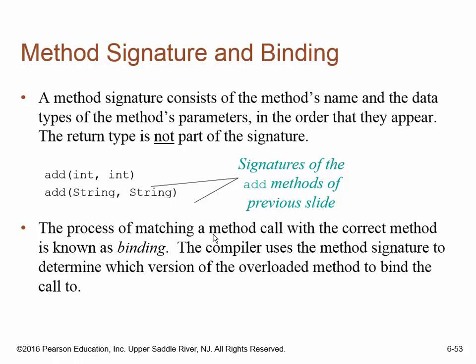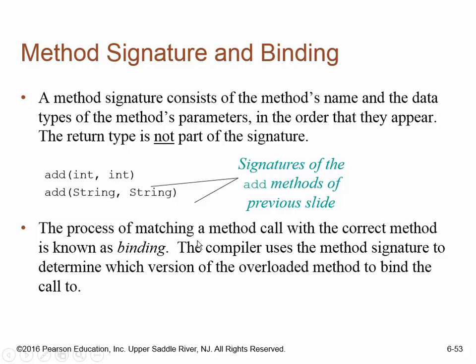As it says there, the method signature consists of the method name and the data types of the parameters. The return type is not a part of the signature. So this is the signature right here, the name and what's in here. And you can see that although the names are the same, the parameters inside are different.